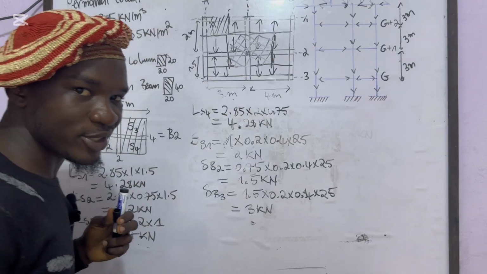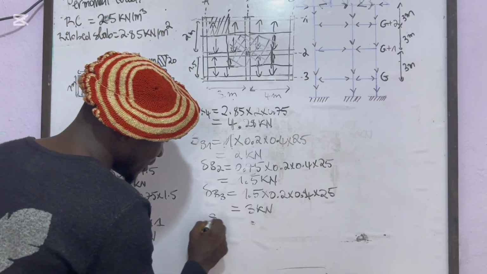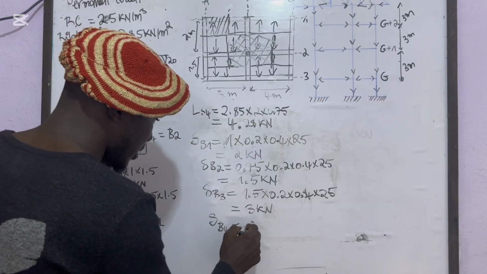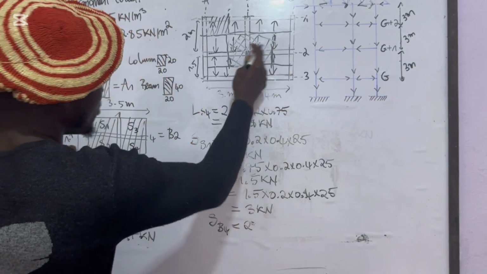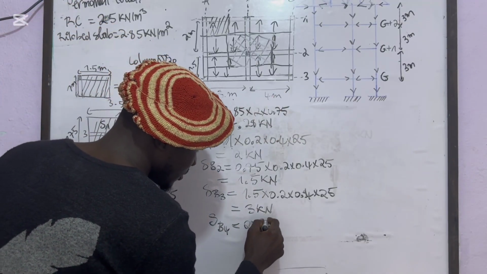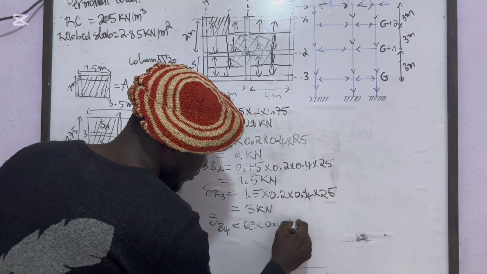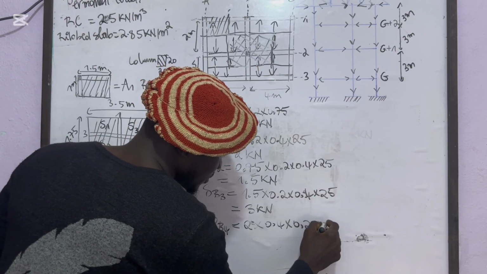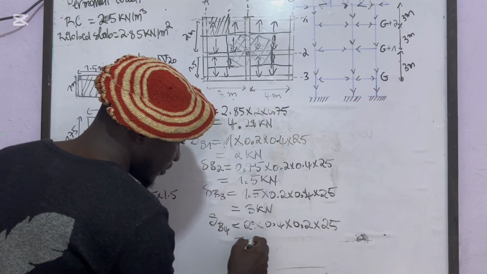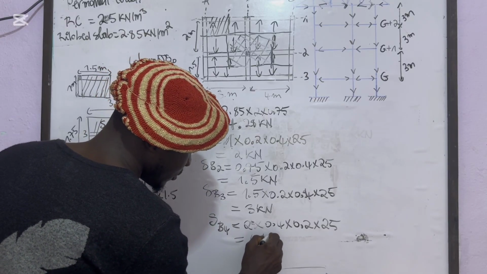That's mental calculation again. Now for beam 4, we have 2 meters, half of this 4 meter span, times the same cross section, 0.4 times 0.2 times 25, which gives us 4 kilonewton.